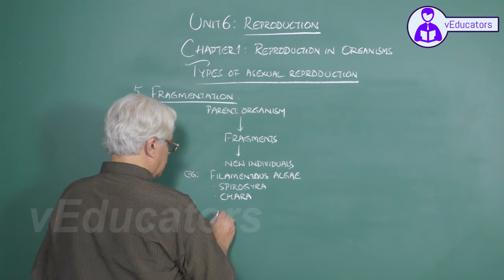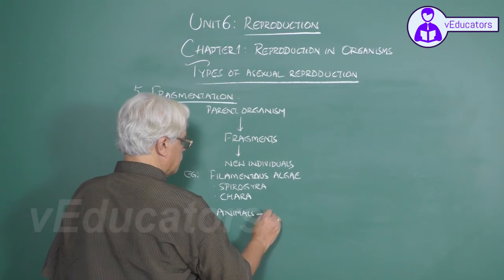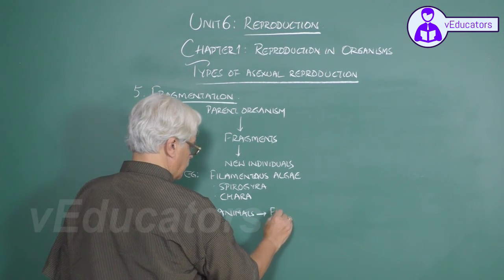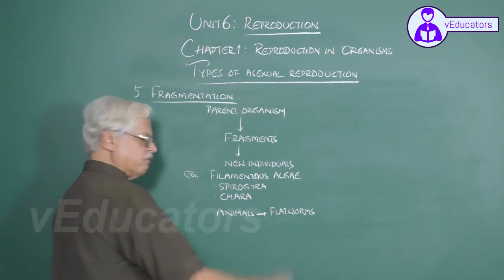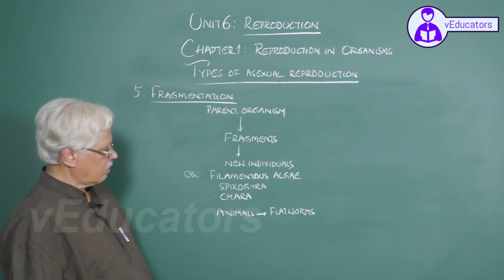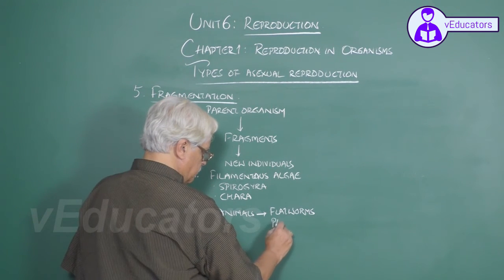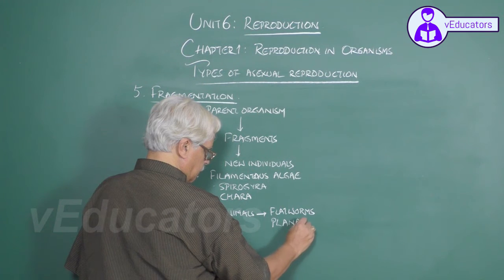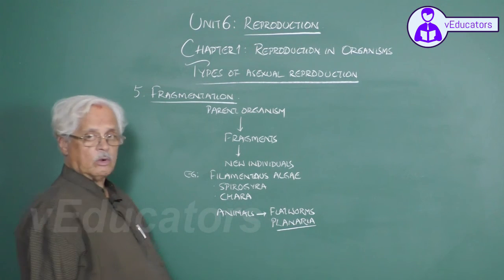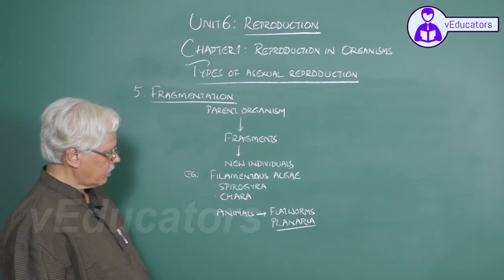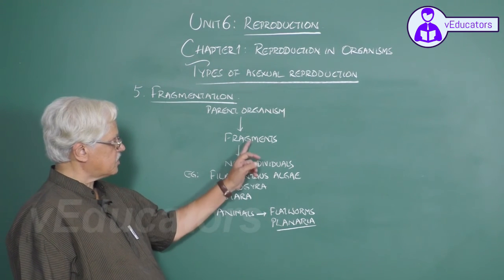Fragmentation is also observed in animals, particularly in flatworms. The best example for fragmentation is observed in a flatworm called planaria, where the body breaks into 2 or 3 pieces.